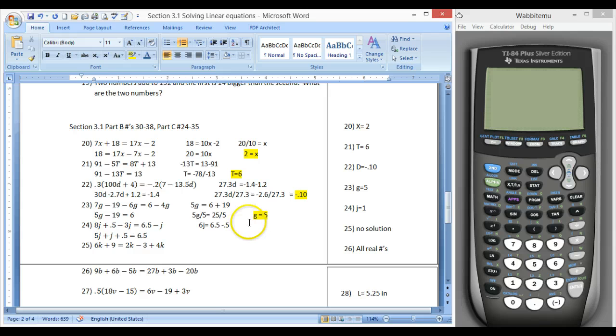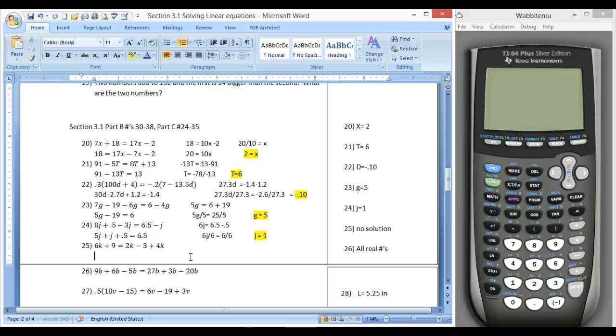Subtracting it on the right gives me 6.5 minus 0.5 makes this 6j equals 6. Now I have 6 times j, the opposite is divide, so I'm going to divide by 6 on both sides. On the left-hand side it will cancel and I'm left with just j, and 6 divided by 6 is 1, which matches my answer on the right-hand side, so that's good, and I'm going to highlight this, and there's my answer.